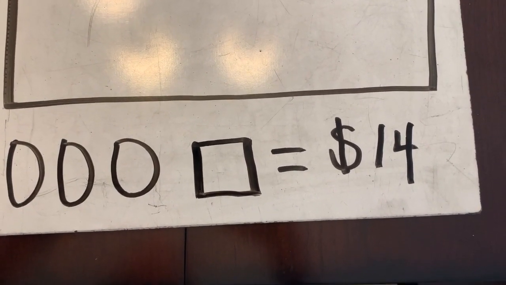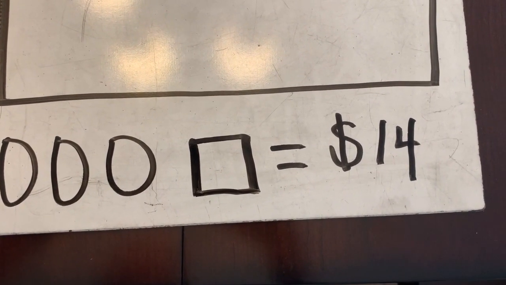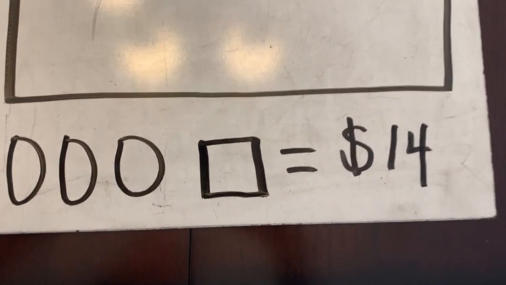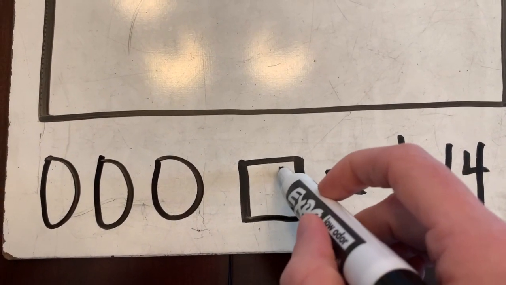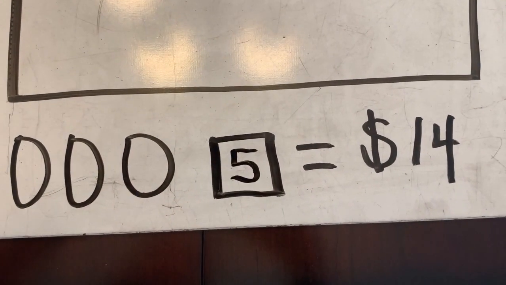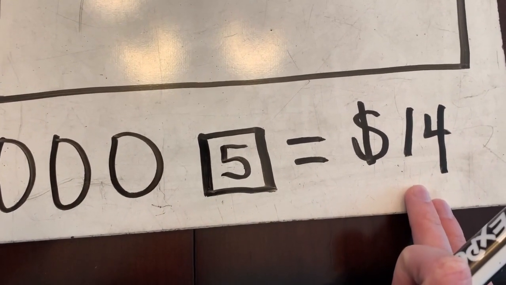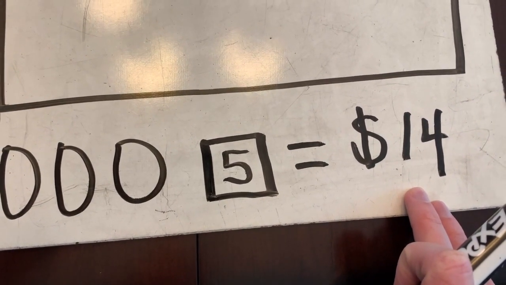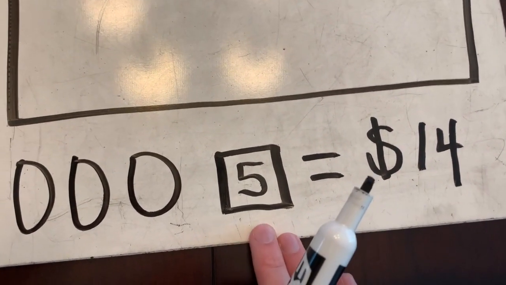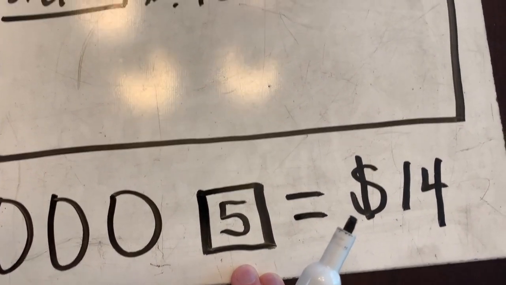What else do we know? We know that the binder cost $5. We know that there was $14 spent, and we know that there was 5 spent on the binder.